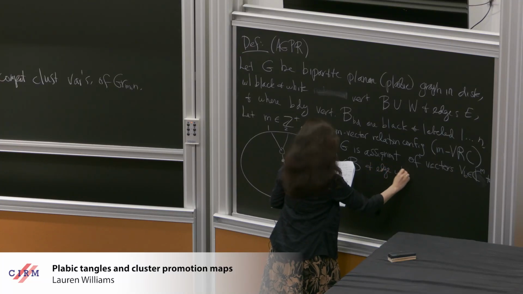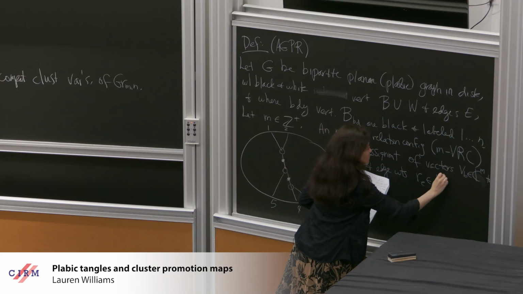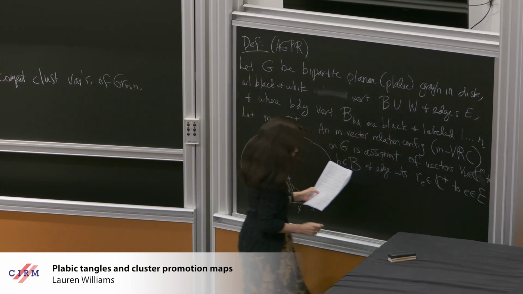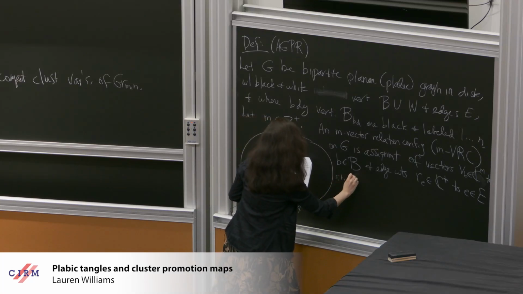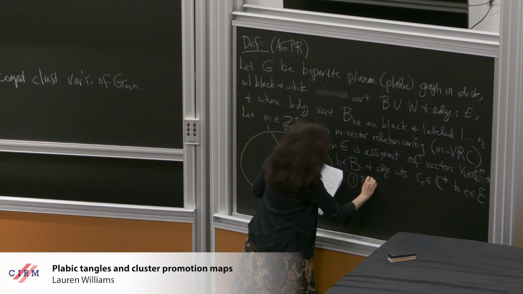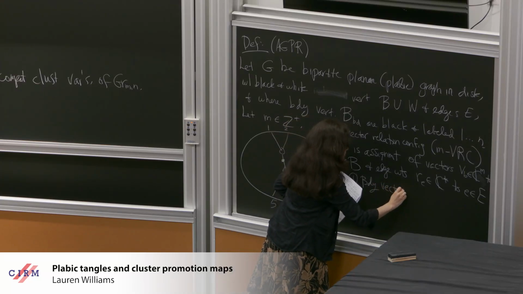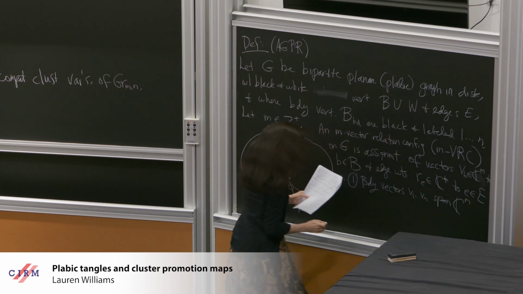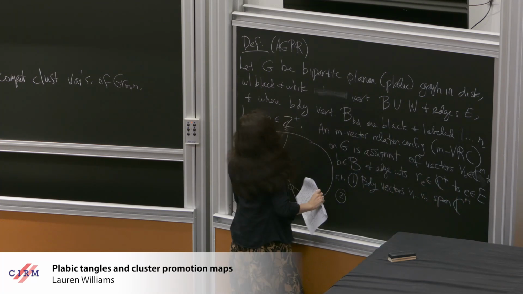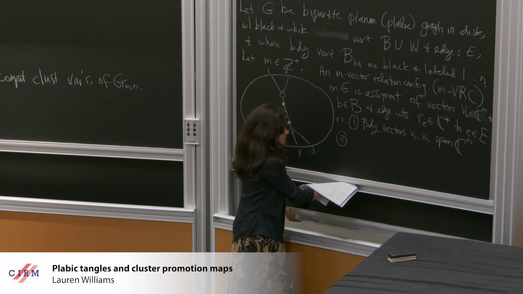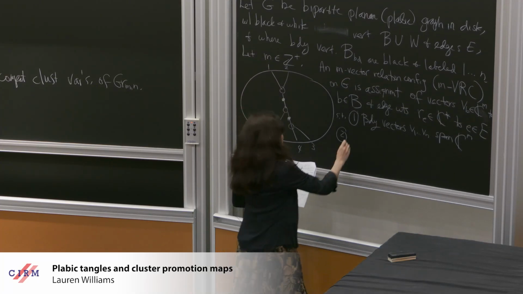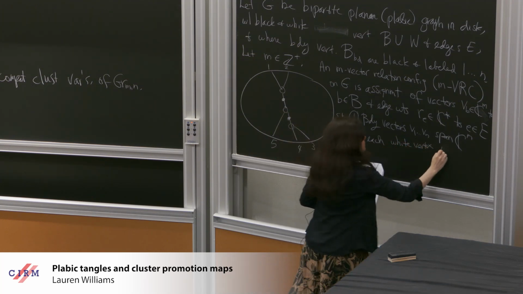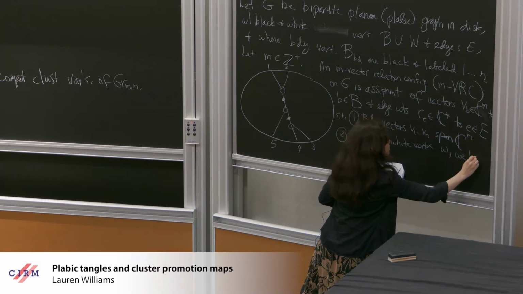And edge weights to each edge in the picture such that the boundary vectors V1 through Vn span C^m, and for each white vertex W, we have a relation.